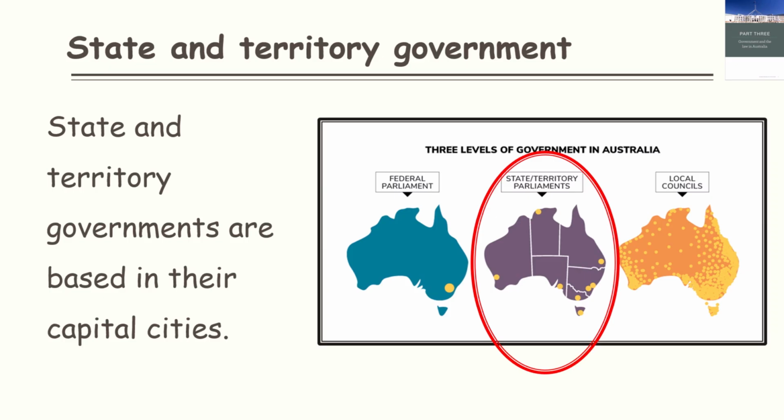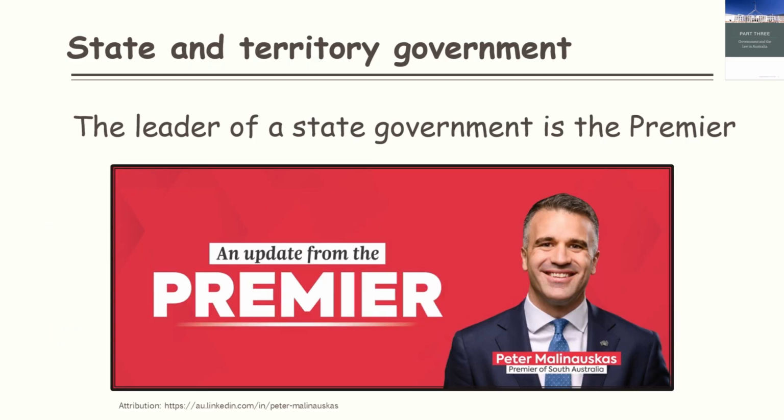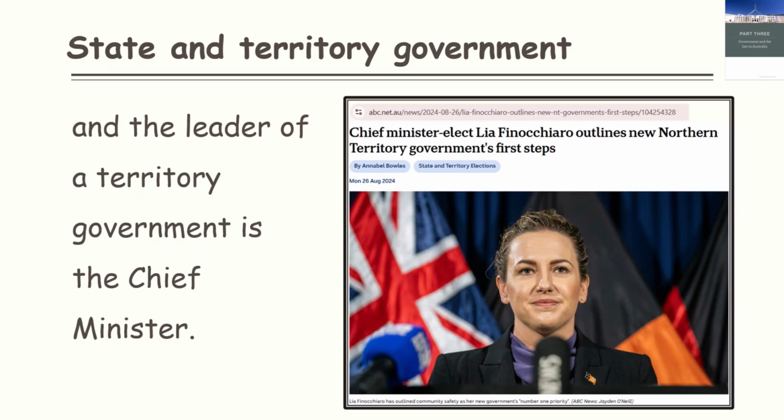State and territory governments are based in their capital cities. The leader of a state government is the premier. And the leader of a territory government is the chief minister.